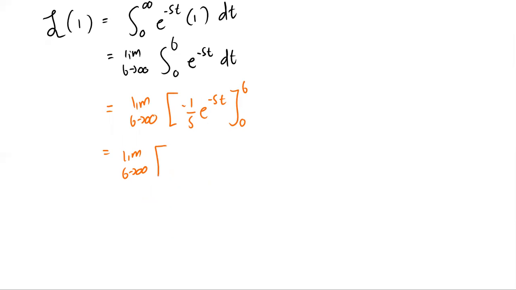Okay, so let's evaluate this. We get negative 1 over s, e to the negative s, plug in b for t, minus, now we plug in 0 for t, so negative 1 over s, e to the negative s times 0. One more simplification, then I think we can evaluate the limit.